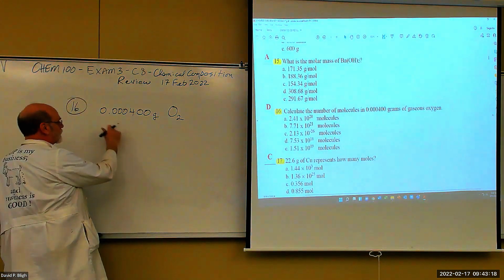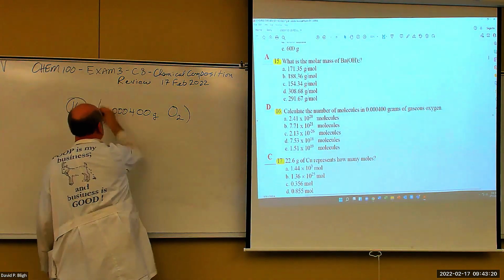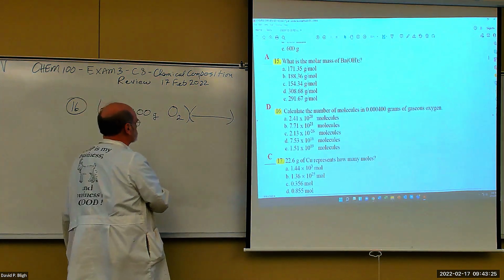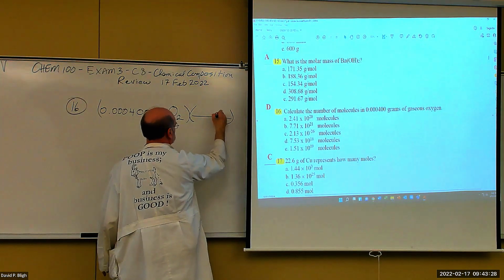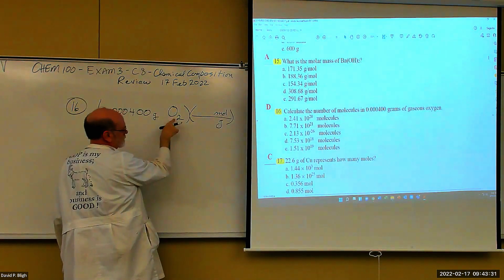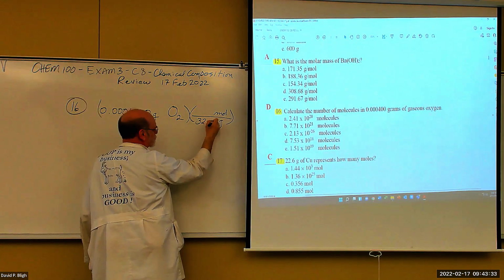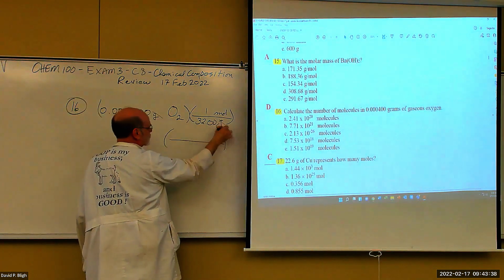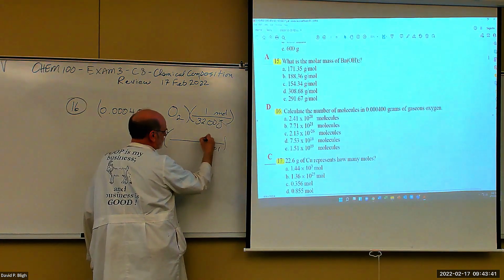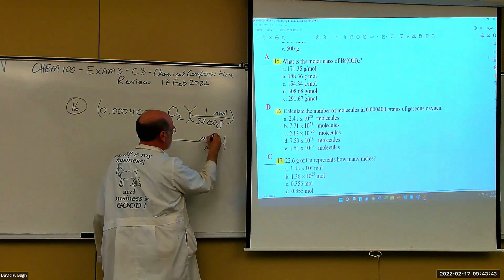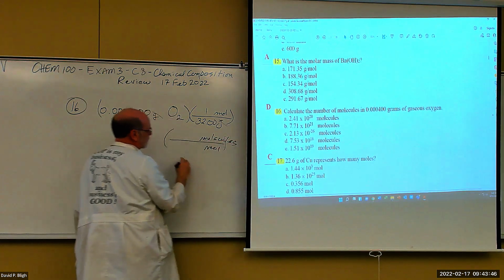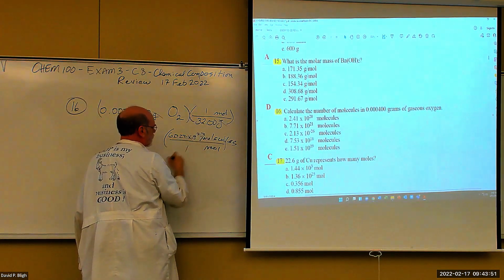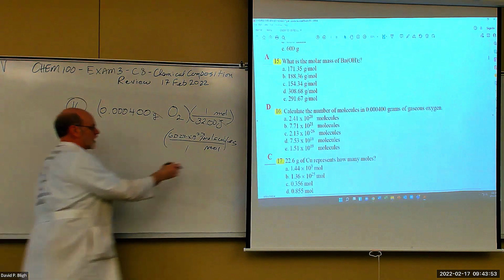All right, so now we can convert that. We're going to calculate the number of molecules. So we're going to go to moles first. We need the molar mass of gaseous oxygen. And then we're going to multiply, since grams cancel. Number of molecules. We need 6.022 times 10 to the 23rd per mole. And moles cancel.